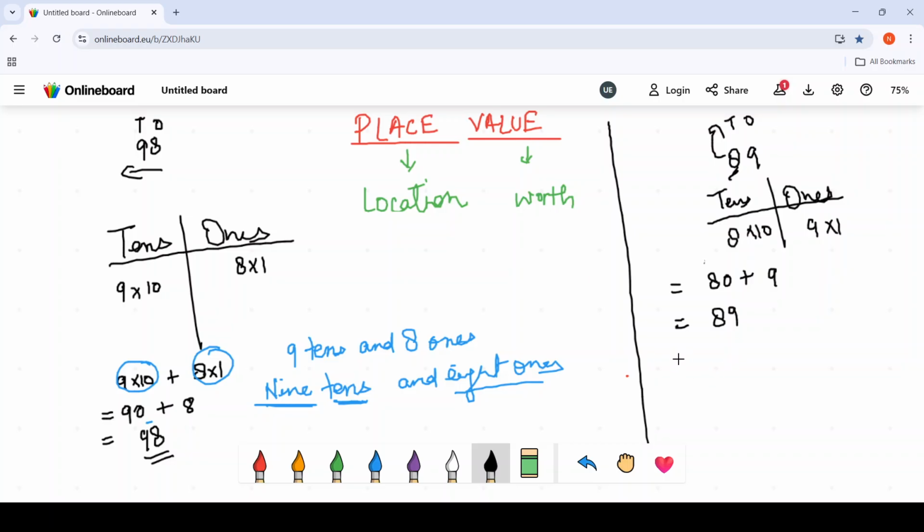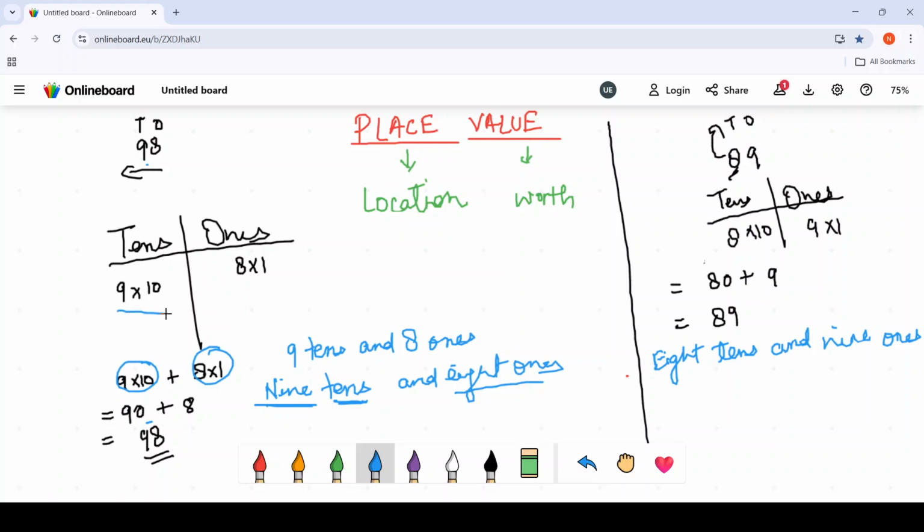So how can we say it in words? Before I say, you should also try. It will be 8 tens and 9 ones. So as you can see, the digits are the same, 9 and 8, in both the numbers, but just because their places are different, their value is different.